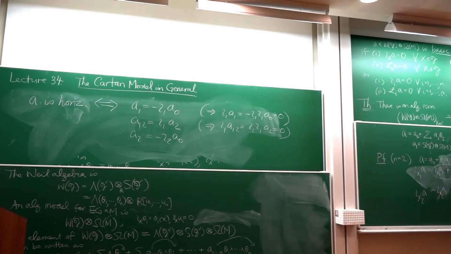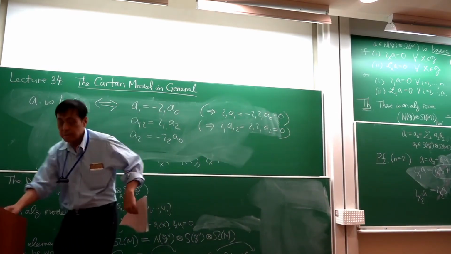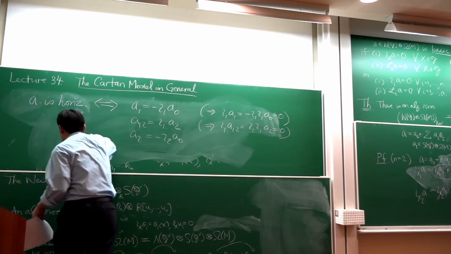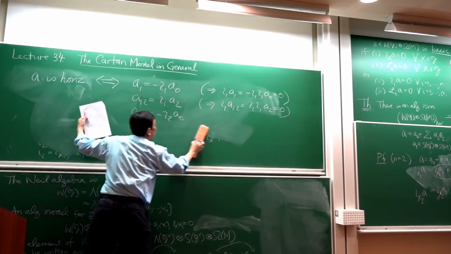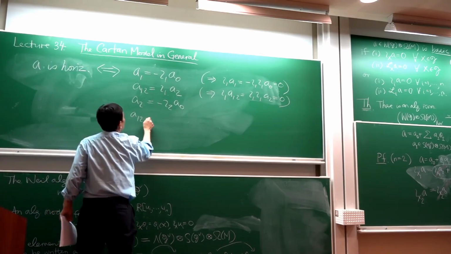Yeah. And that will imply, just a minute, and then this term, the one with theta 1, so there are two of them. So A1,2 has to be minus I2 A1. A1,2.